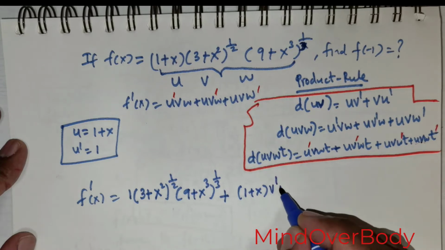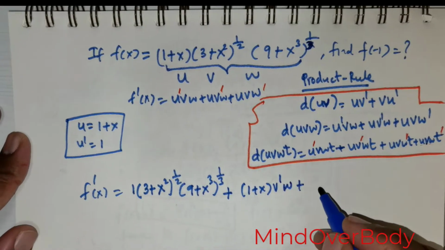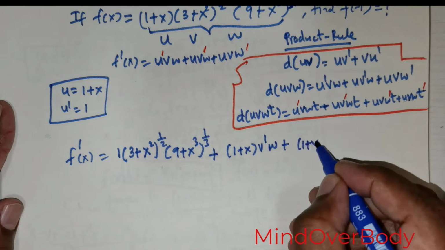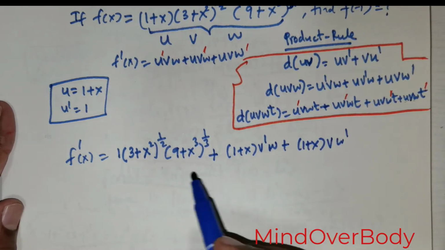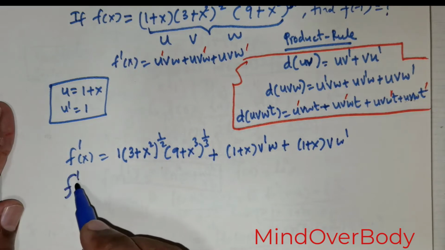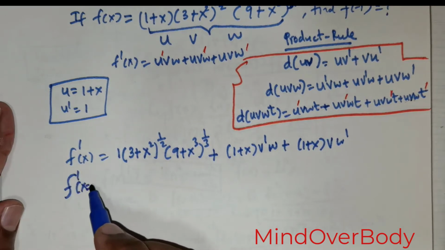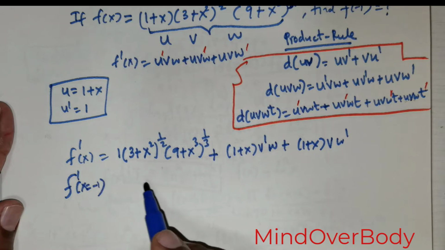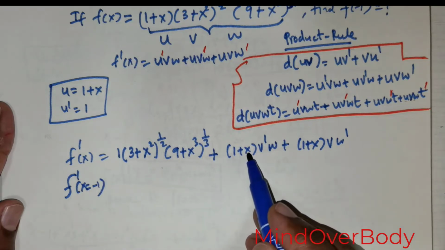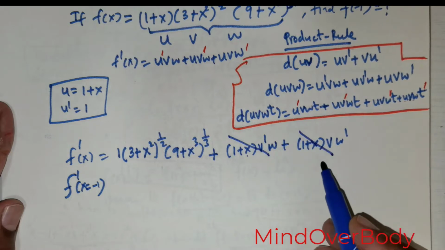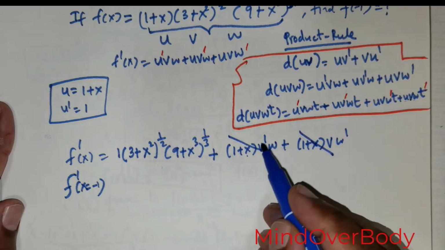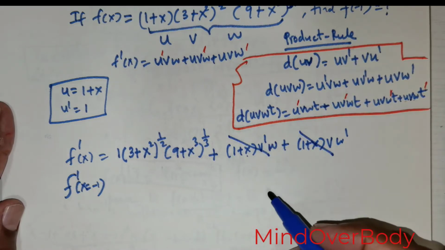Let me just place v dash there followed by w and a plus sign and 1 plus x followed by v and w dash. Now we are expected to find f dash when x is equal to negative 1. If I were to substitute x is equal to negative 1, this vanishes. So there is no point in investing your time in obtaining v dash and w dash.